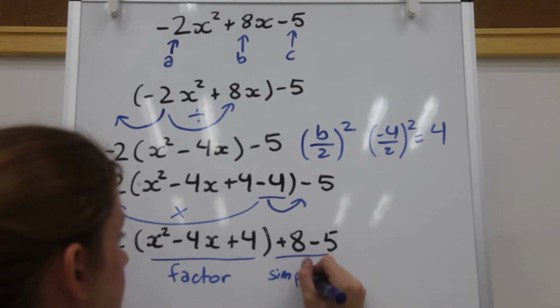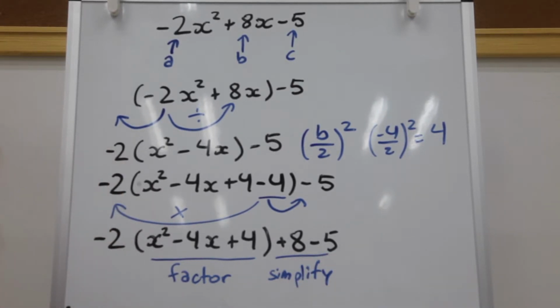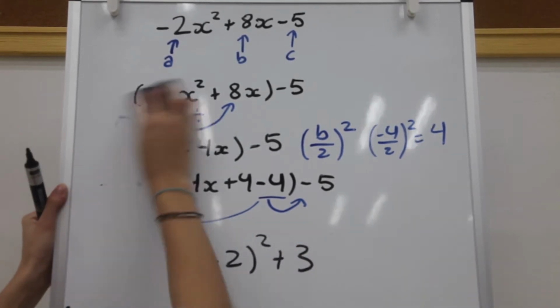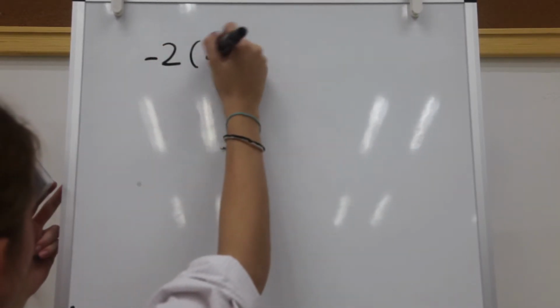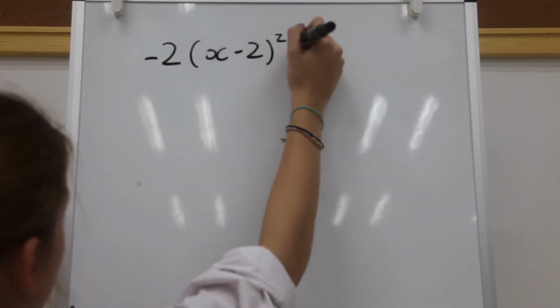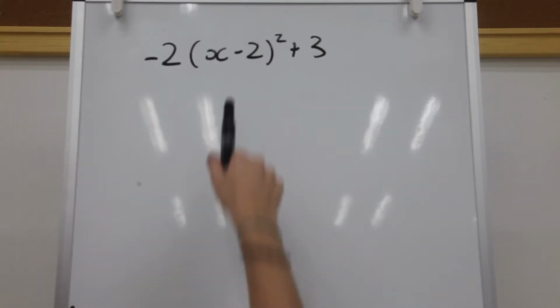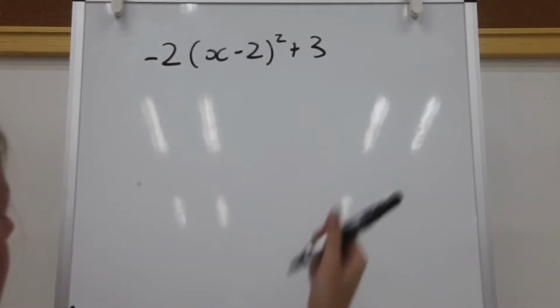I'm not going to show the factoring and simplifying because I assume you were smart enough. Finally, we end up with this beautiful vertex form equation.